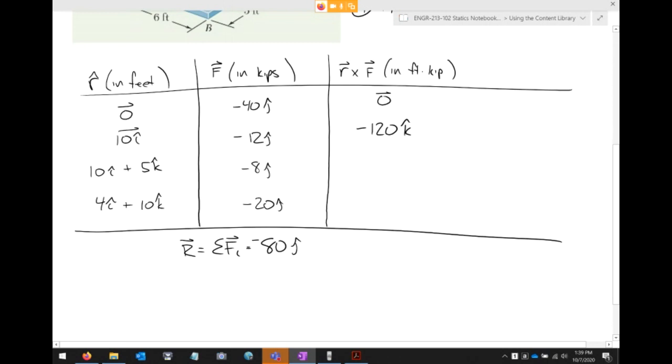All right. Somebody help me out with this one right here and that one right there. Let's start off with the third one. So what do you get when you cross 10I and 5K with minus 8J? Sorry, pause.